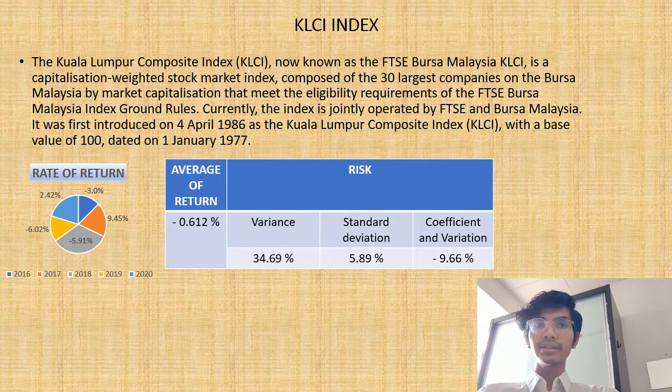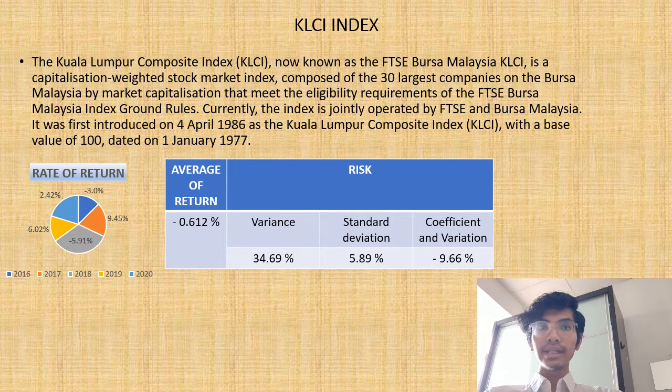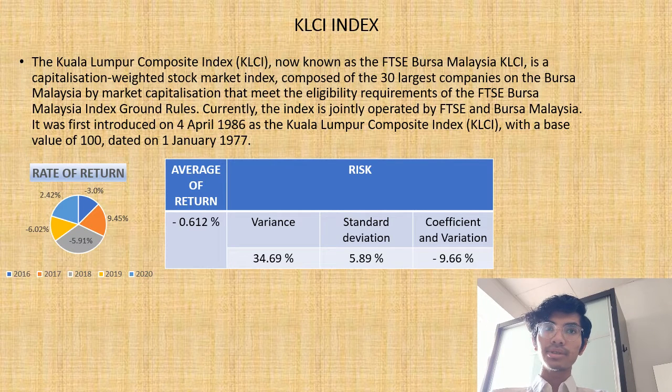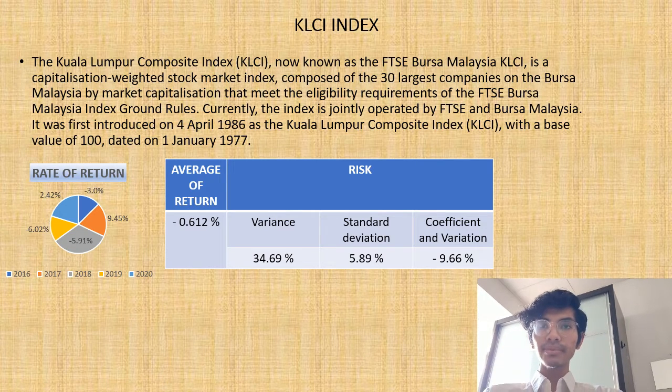Then the next year it increased to 9.45%, then decreased in 2018 to negative 5.91%. Then the following year it increased slightly to negative 6.02%, and in the latest year, 2020, it increased to 2.4%.